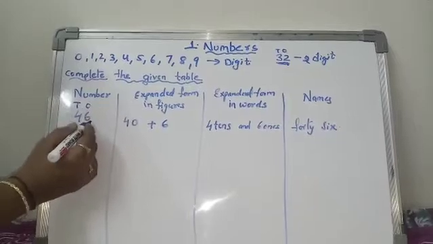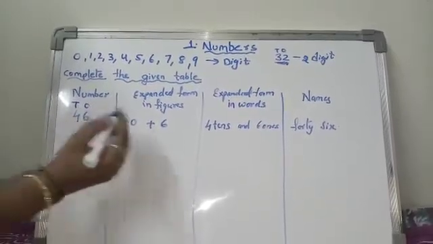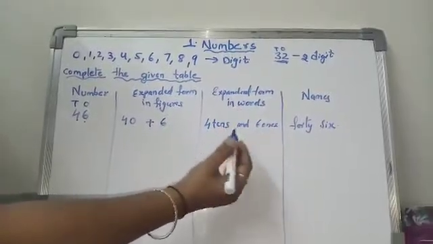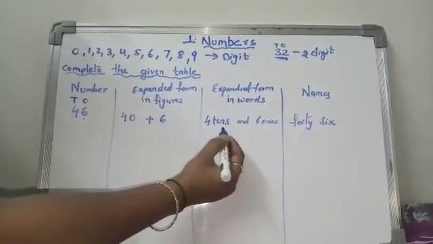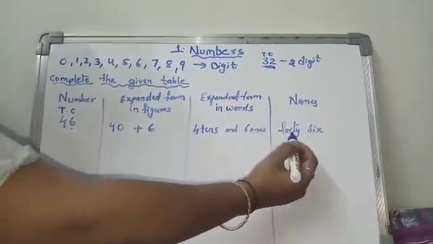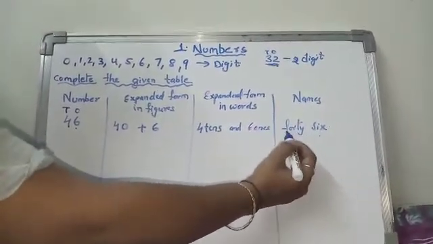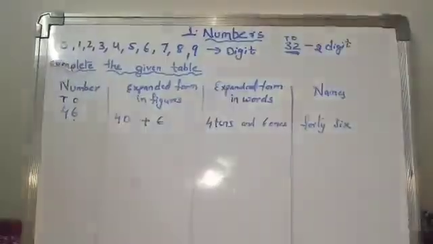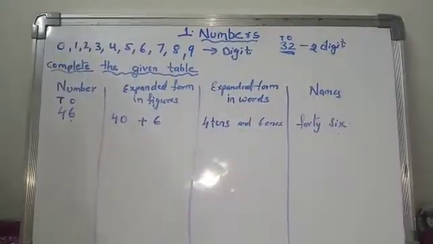So there are 6 ones. In the expanded form in words, you write 4 tens and 6 ones. And in names, you write F-O-R-T-Y 40, S-I-X 6.